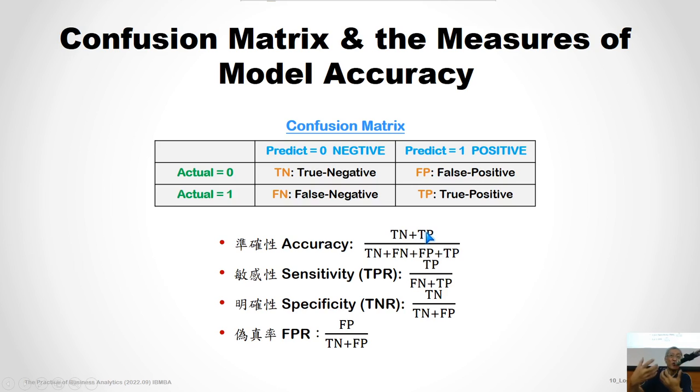The fraction of correct predictions is called accuracy. Get it? And then there are others. Actually, there are 20, 30 different terms of accuracy measurement here. Very, very confusing, right?